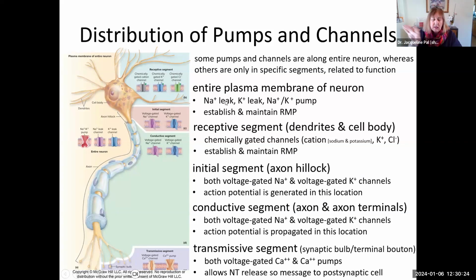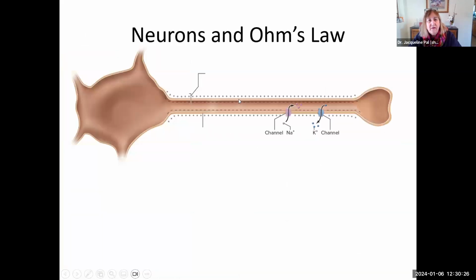So let's look at a different picture of the neuron and relate all this to voltage and current and all that kind of stuff I mentioned before. So if you recall, voltage was the difference in electrical charges. And when we talked about the neuron, we said the outside of the cell had a very positive charge, whereas the inside of the cell was extremely negative.